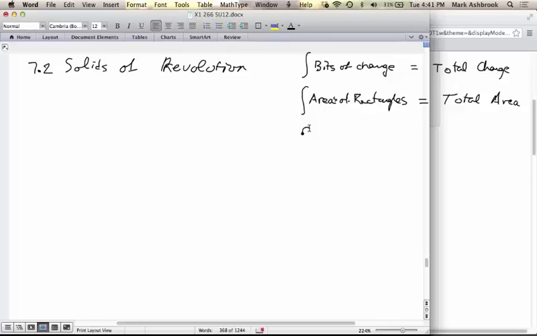Okay, so now we're going to be summing up volumes of some different things, depending on the way. These individual volumes are going to come by taking the typical rectangle and rotating it around the axis. We're going to get some kind of typical volume, and we're going to sum up all those volumes, and we're going to get total volume.